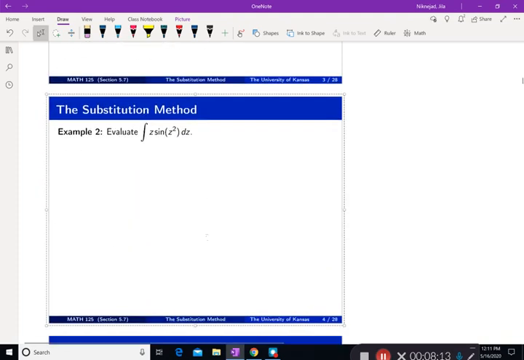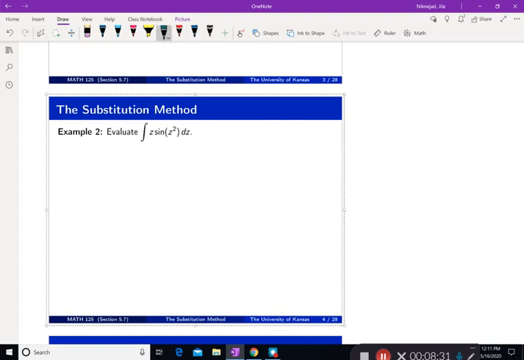So now let's do the substitution method for a little bit different type of problem. Here, evaluate the integral of z sine of z squared dz. We don't have an x in here, we have z instead, and that's fine.